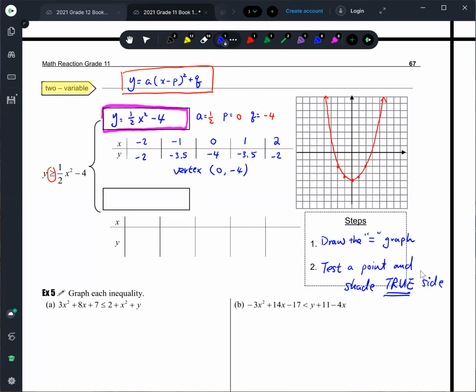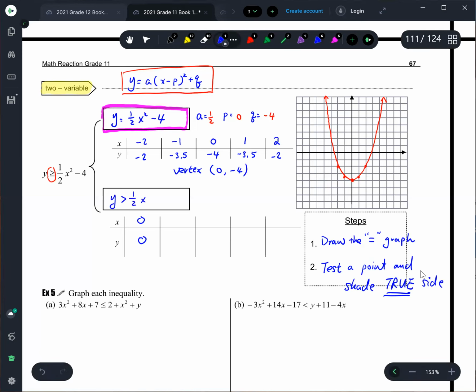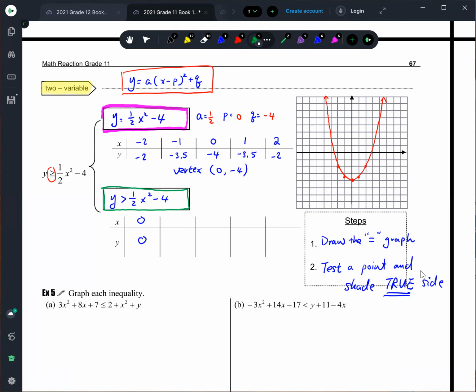So you pick (0, 0), right? We don't need so many points. Just pick (0, 0) because it's not on the graph. And then we plug it into the inequality to see if it's true or false. Plug it into the green one, the one that has the inequality. Don't plug into the equal, plug it into the inequality.